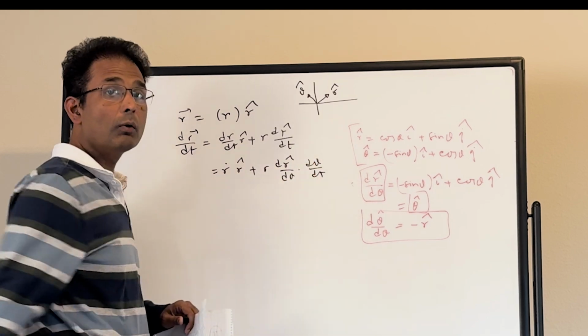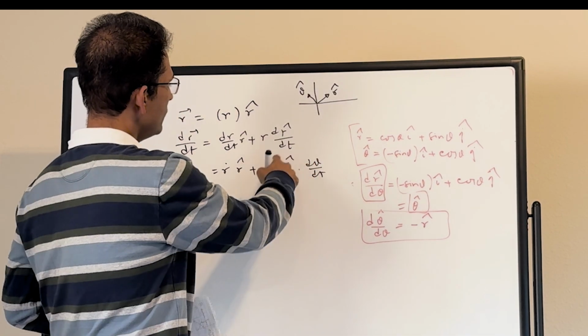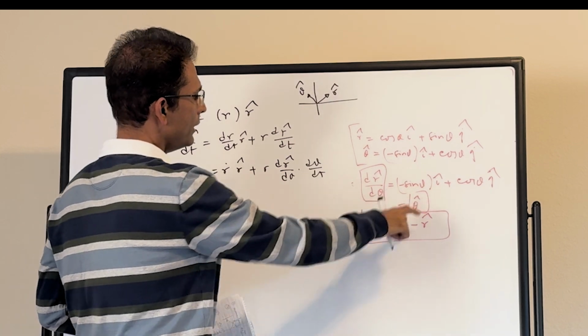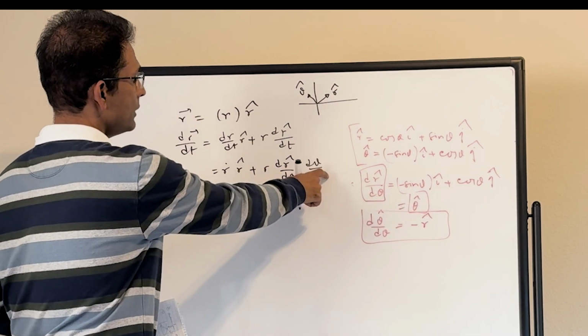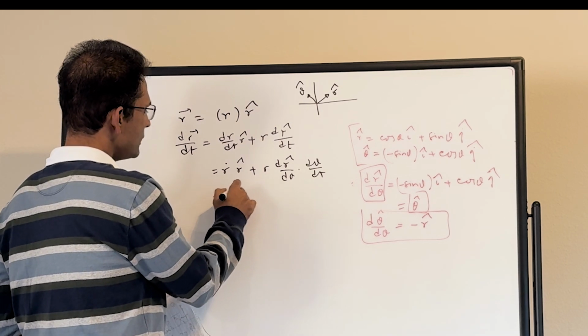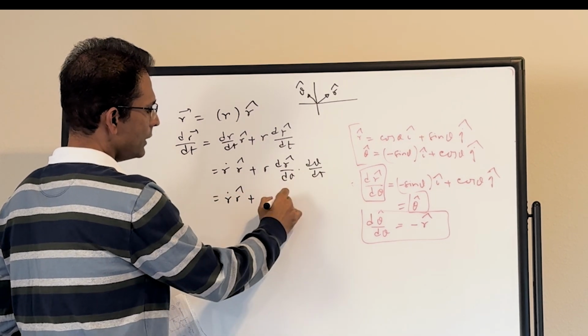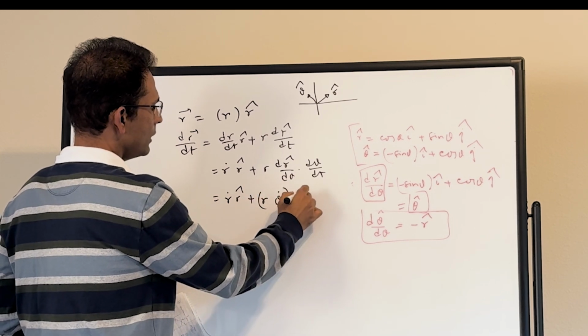I use the chain rule here. And why did I do that? Because dr hat d theta is just theta hat, and d theta dt is theta dot. So I can write this as r dot r hat plus r theta dot theta hat.